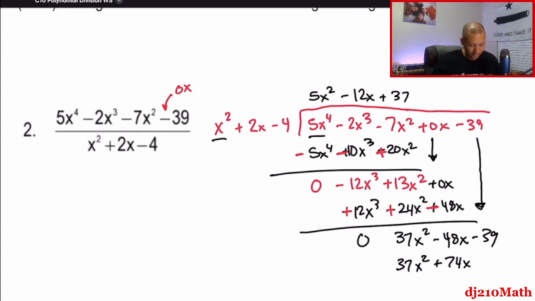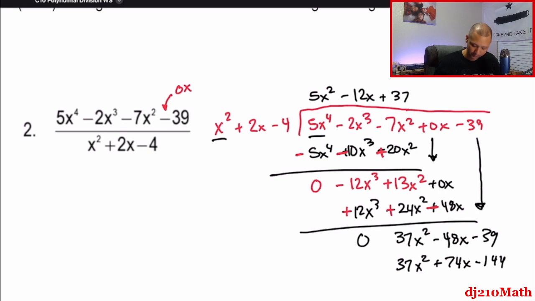Then 37 times negative 4 is going to be negative 148, right? 74 times 2, basically.